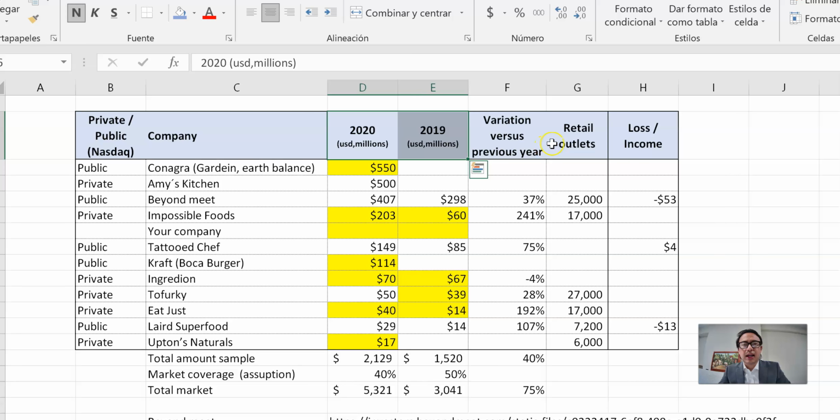But as well, I wanted to know how many retail outlets they have presence in and if they have loss or income in the last financial report. It could also be, for example, presentation, packaging, sustainability, any criteria that you want to compare.